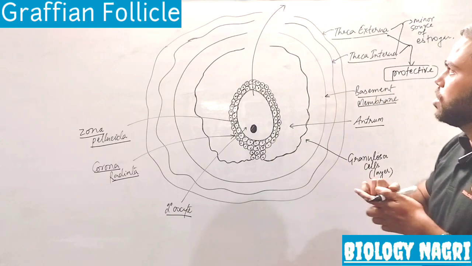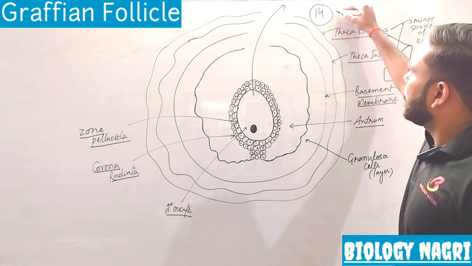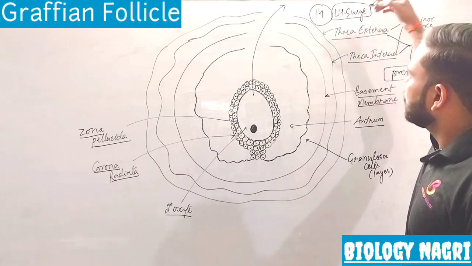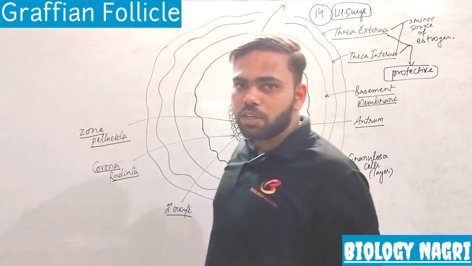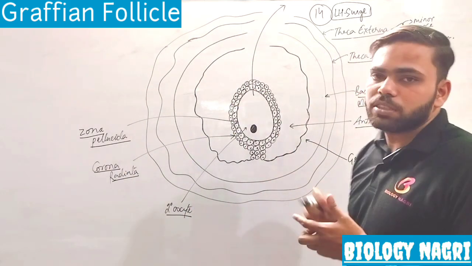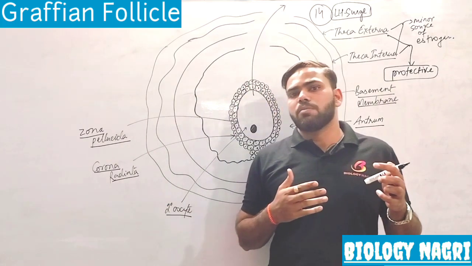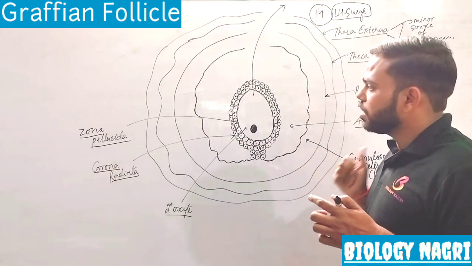This is called ovulation, which happens on the 14th day of the menstrual cycle due to the LH surge. LH surge means a drastic increase in the concentration of LH in the female's body on that specific day, called the ovulatory day.